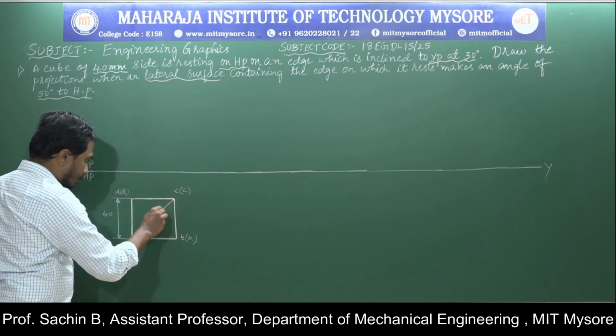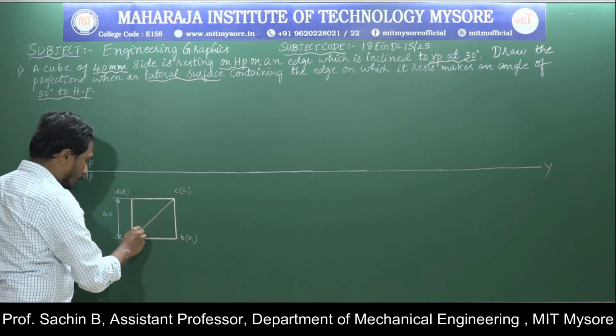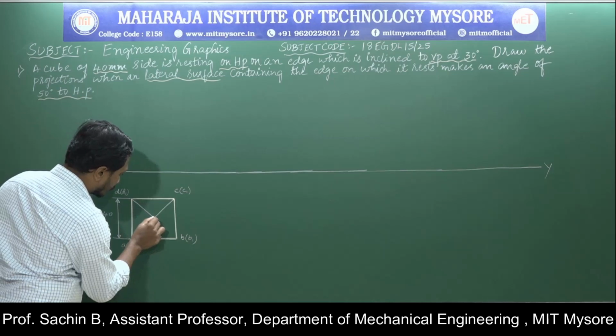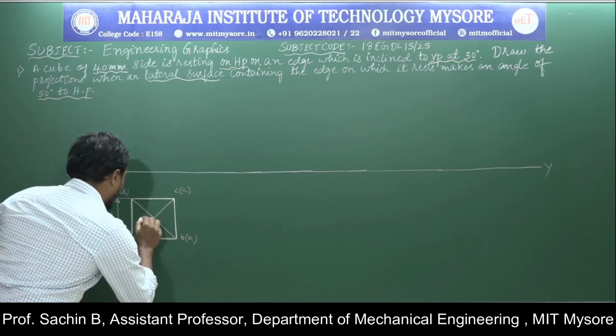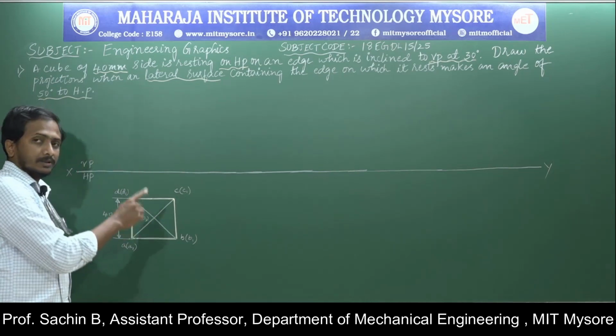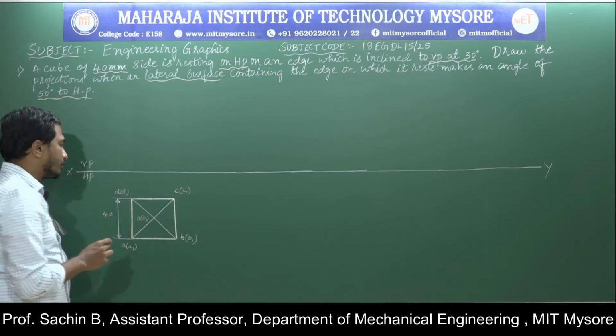Now to get the axis, I'll draw the diagonals. I'm going to call this O1. Now this is my top view of the object.